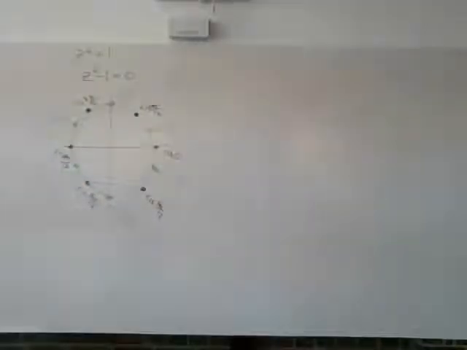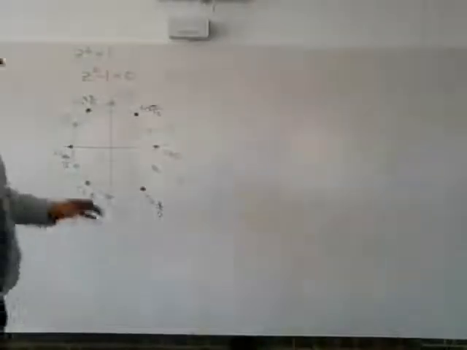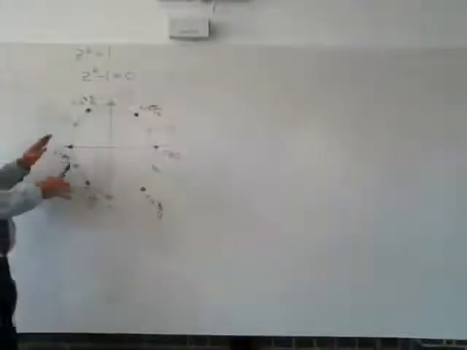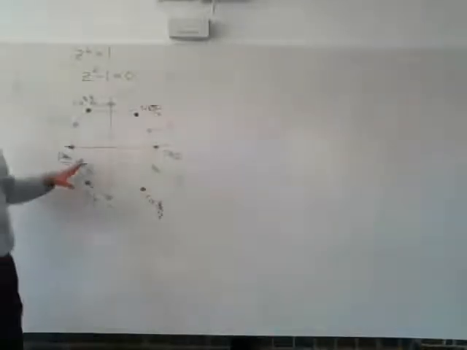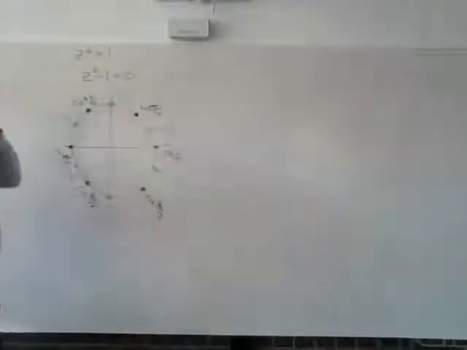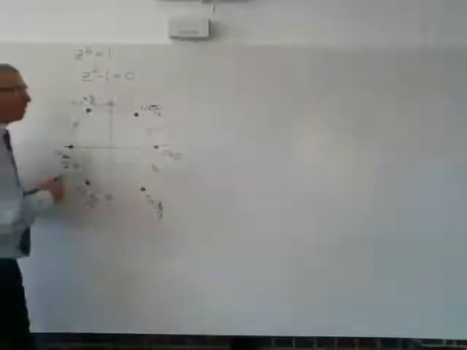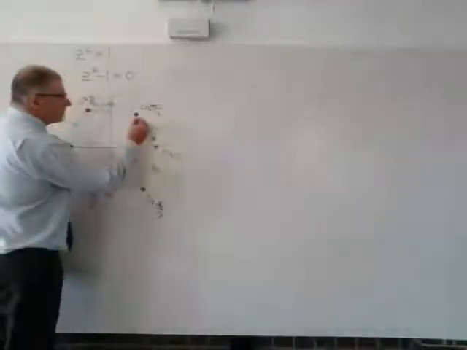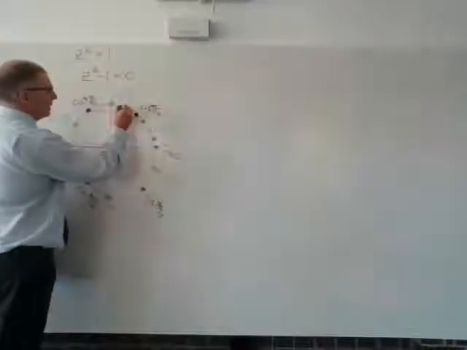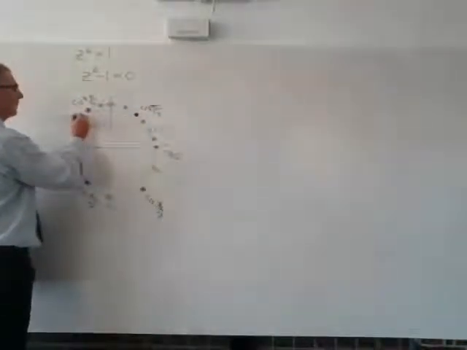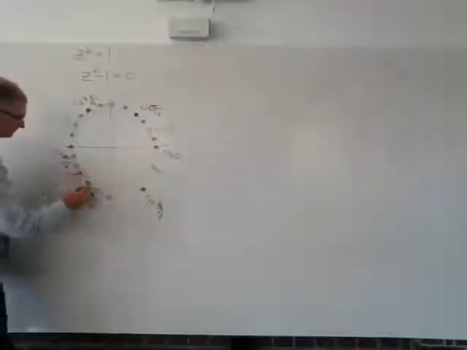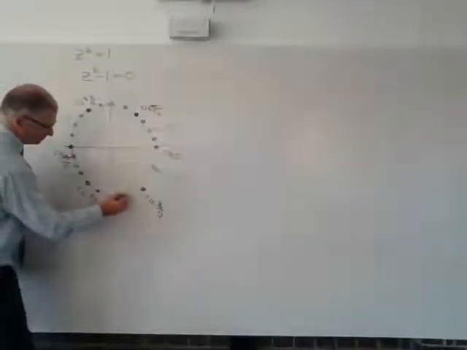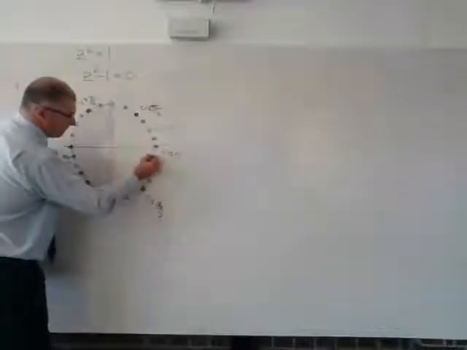Just get another colour here, because of those two polynomials put together, we've said makes z to the 12 minus 1. But what can we make of all these dots that are halfway in between here? What can we make of all those dots there?